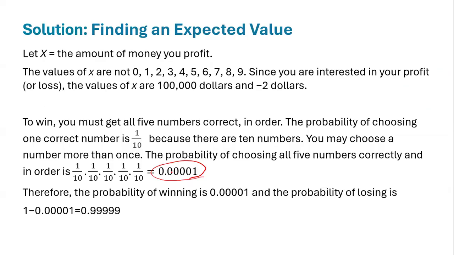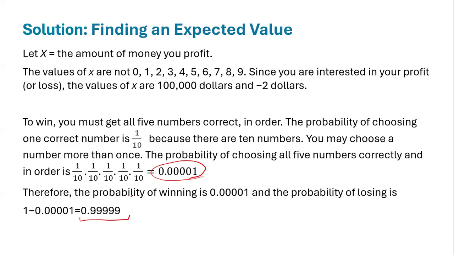And how much is the probability of winning nothing? You just subtract this number from 1, because in any probability distribution, the sum of all the probabilities is always 1. If the probability of winning is that small number, if you subtract it from 1, you get the probability of winning nothing, or the probability of losing.